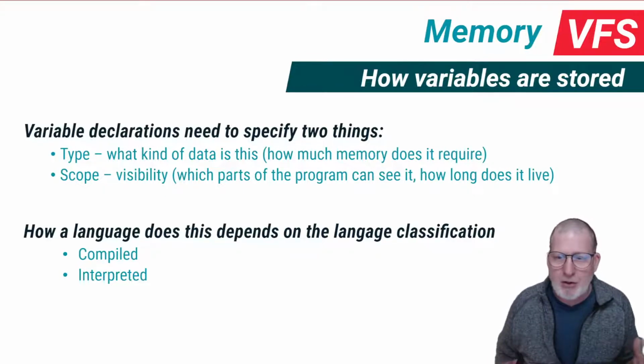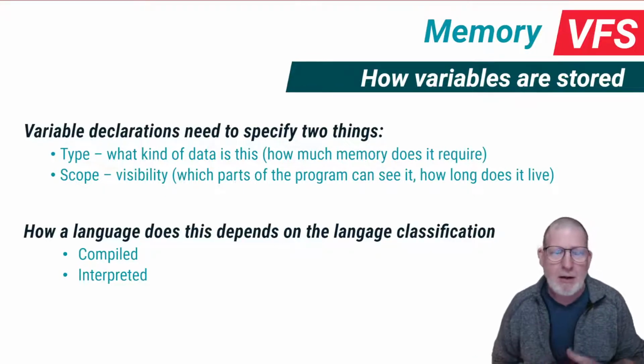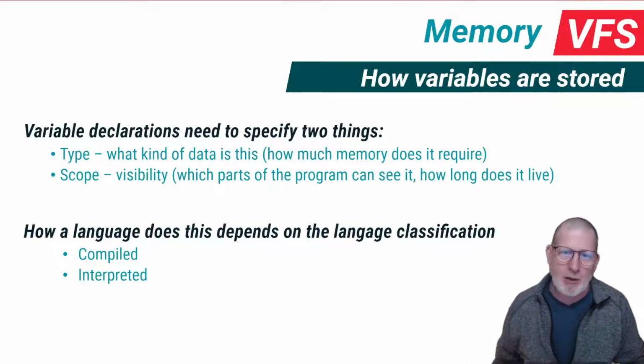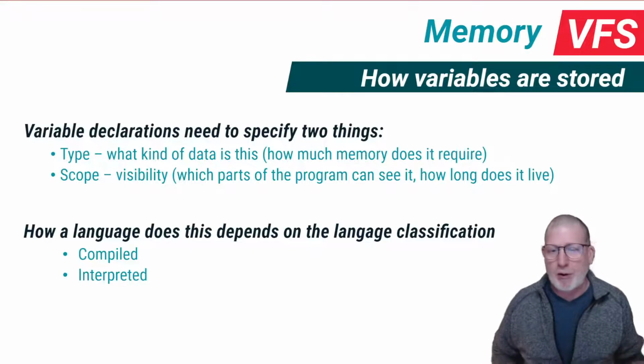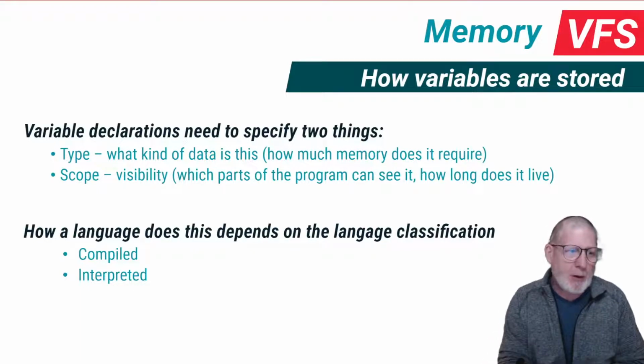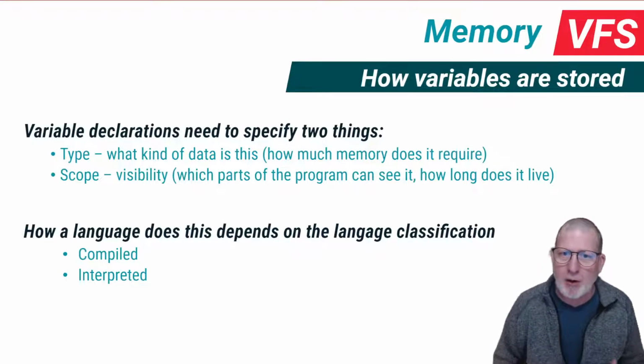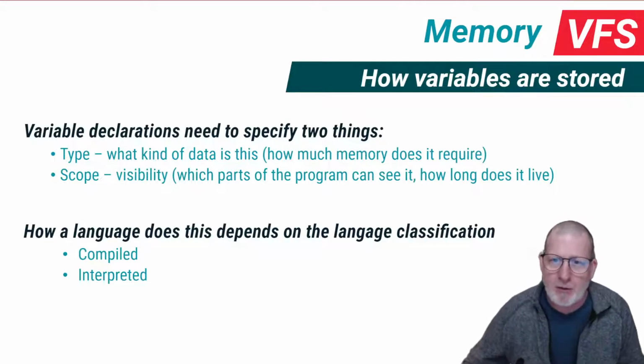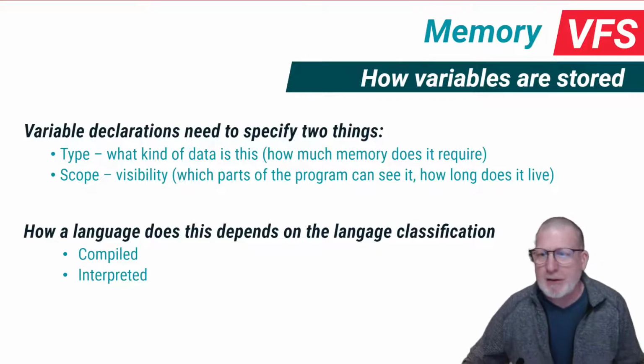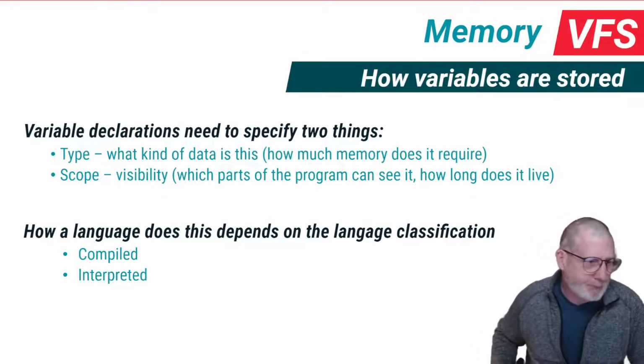And there's kind of two flavors of this as I list here: compiled languages and interpreted languages. And both of them operate on a similar principle. Generally speaking, people think of interpreted languages as slow, although again, our computers are so fast these days that slow is kind of relative.